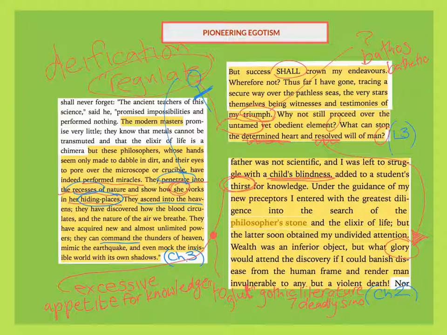And also here, wealth was an inferior object, but what glory would attend the discovery if I could banish disease from the human frame? We've had that mentioned previously, same characteristics here by Robert Walton. Glory is one of the drivers of his endeavours.